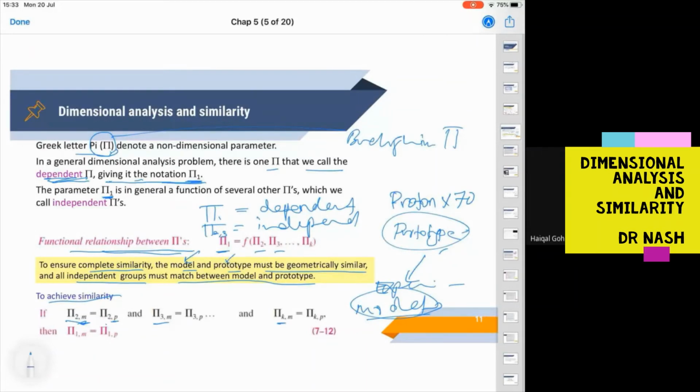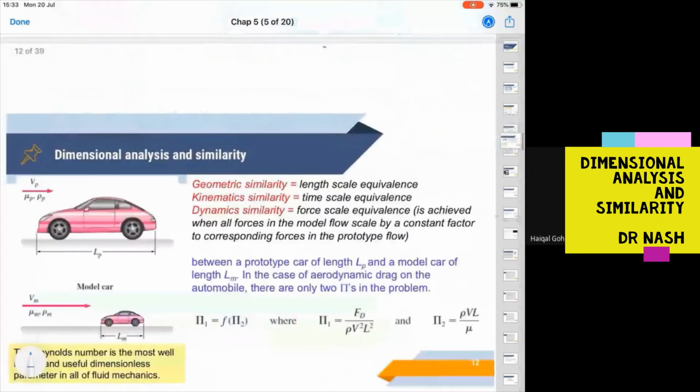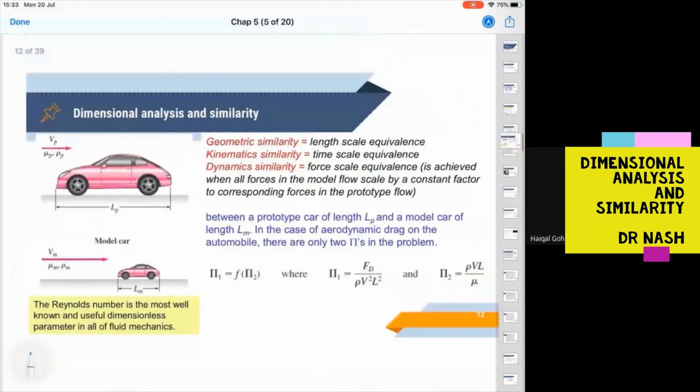Okay. For example, in this case, as I said earlier, dimensional analysis and similarity to evaluate the performance of, let's say, this car. This is the model car, this is the prototype car. So usually we use the notation P. LP is the length of the prototype, LM is the length of the model car.